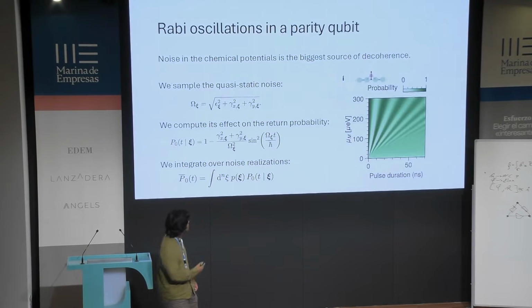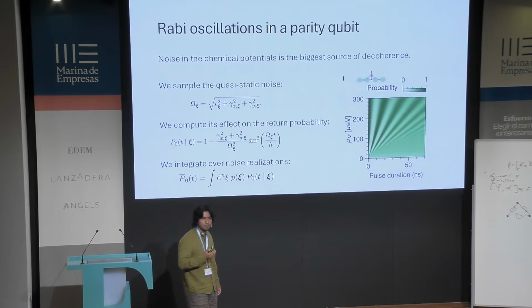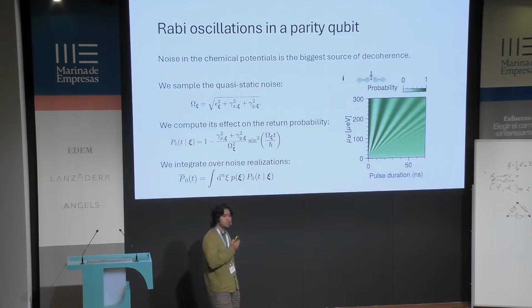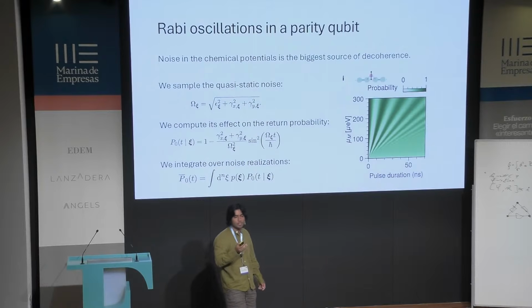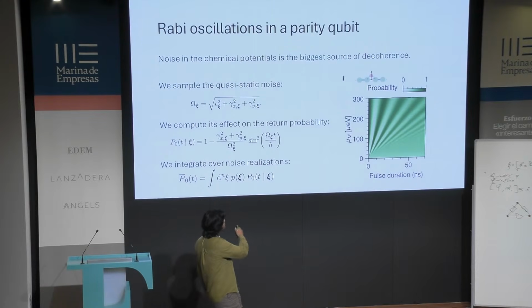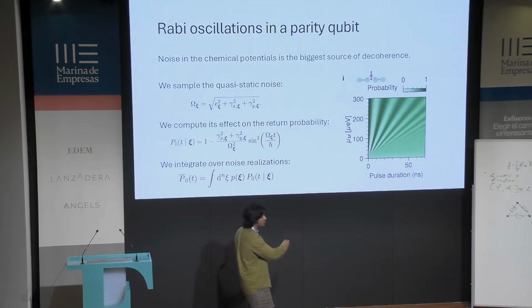And what we find is that in this system, you can achieve Rabi oscillations. That is, you can coherently go into the XY plane of the Bloch sphere by using the middle dot. So what's happening here is that we start from a decoupled configuration. Then we bring the middle dot to some chemical potential above resonance, and we see that the ground state of the system starts to oscillate between even and odd. However, we also see some fuzziness and some noise on it, and it's particularly pronounced in the bottom part of the plot.